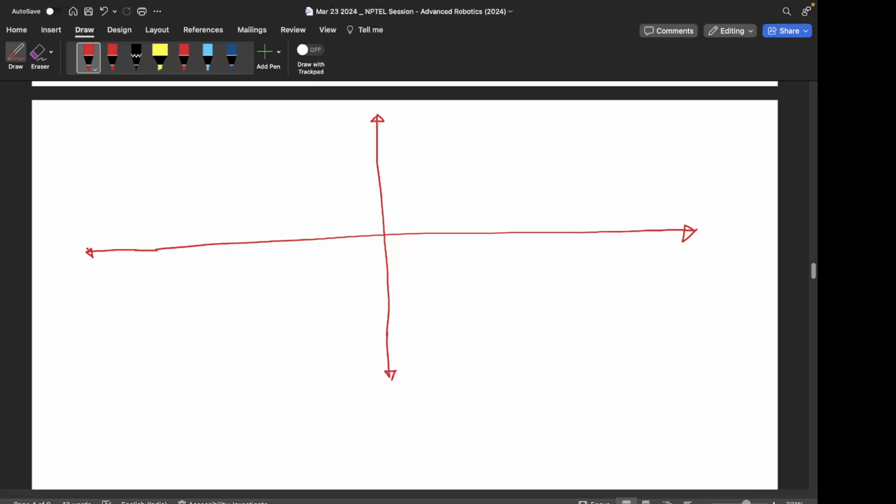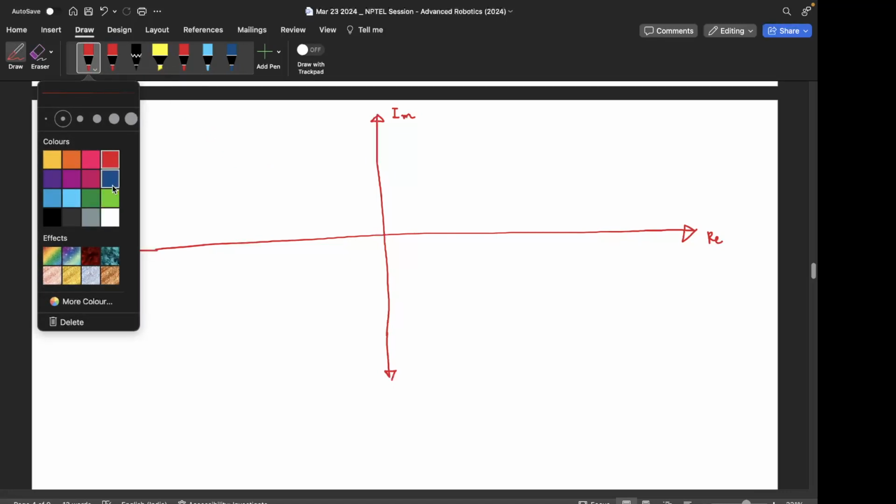So this is the S plane, same as before. This is the imaginary, this is the real. So I will draw different pole locations, and what will be the response in that case, right?